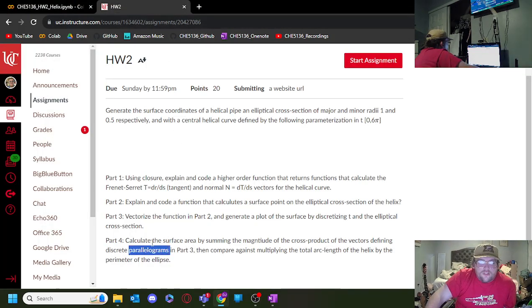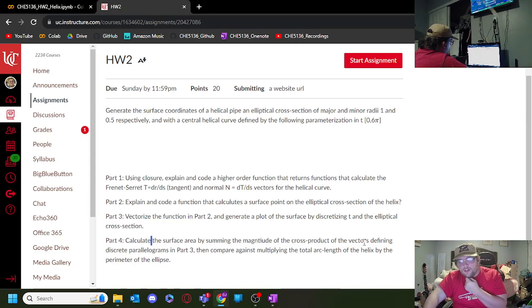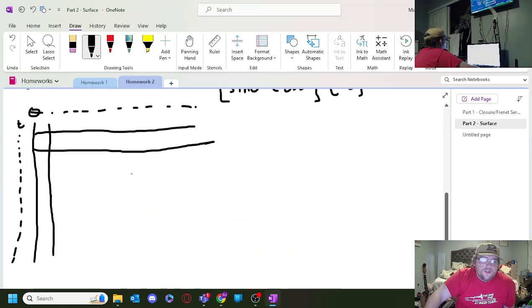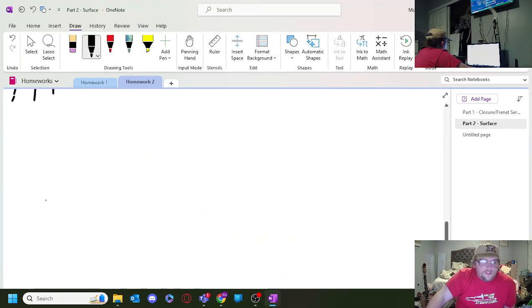Anyways, going on to part 4, calculate the surface by summing the magnitude of the cross product of the vectors to find the discrete parallelograms, where we'll go more in depth in just a bit, but just to give you a preview. Cross product just gives you a vector in the third dimension.